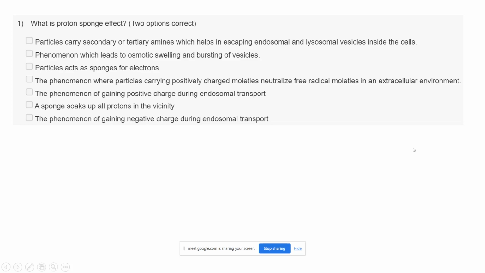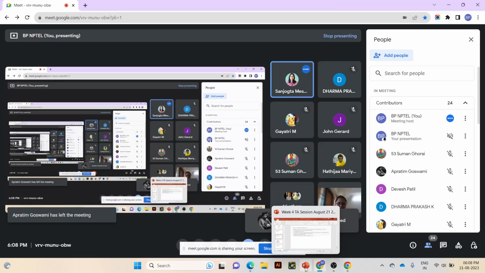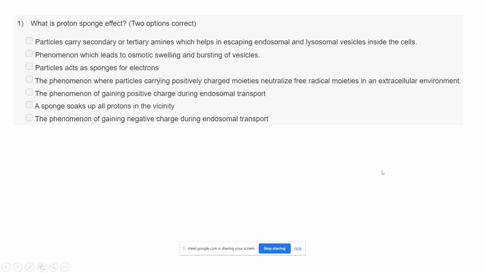Would anyone like to answer? First two. Option A and B. Okay. That is, particles carry secondary and tertiary amines, and it is a phenomenon that leads to osmotic swelling and bursting of vesicles.